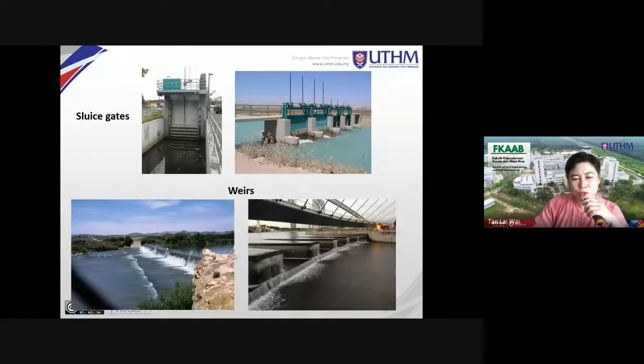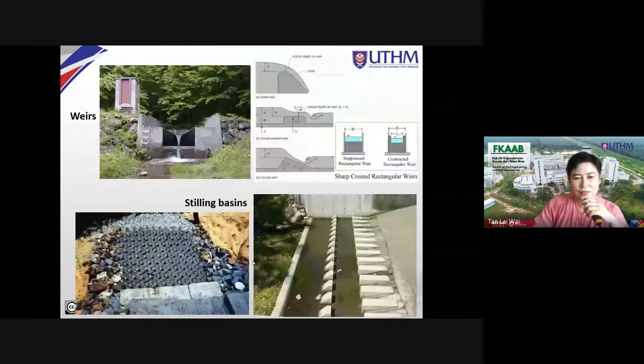The bottom two figures show the weir. We have looked at this weir before, the labyrinth weir. And then the top here are weirs as well. On the left is a sharp crested weir. The crest is sharp.